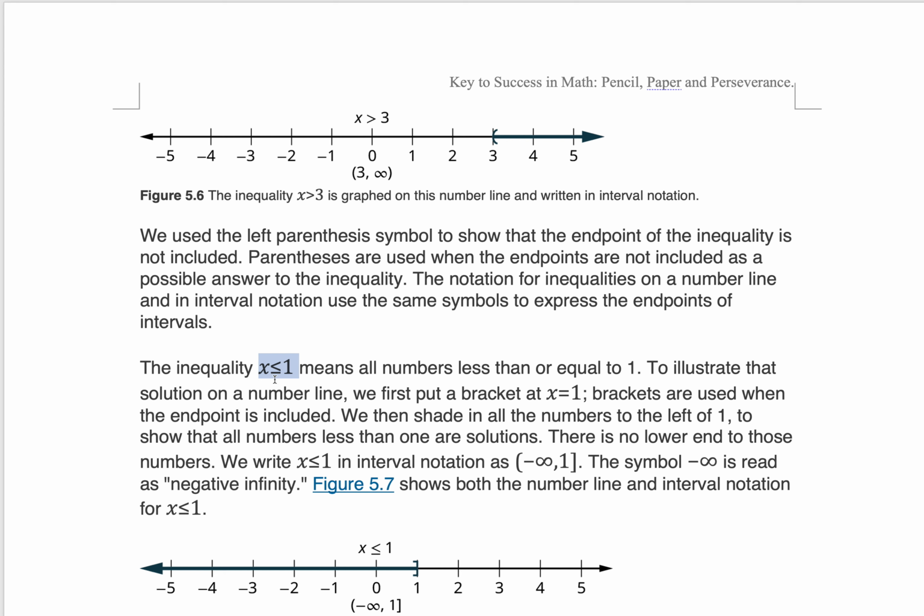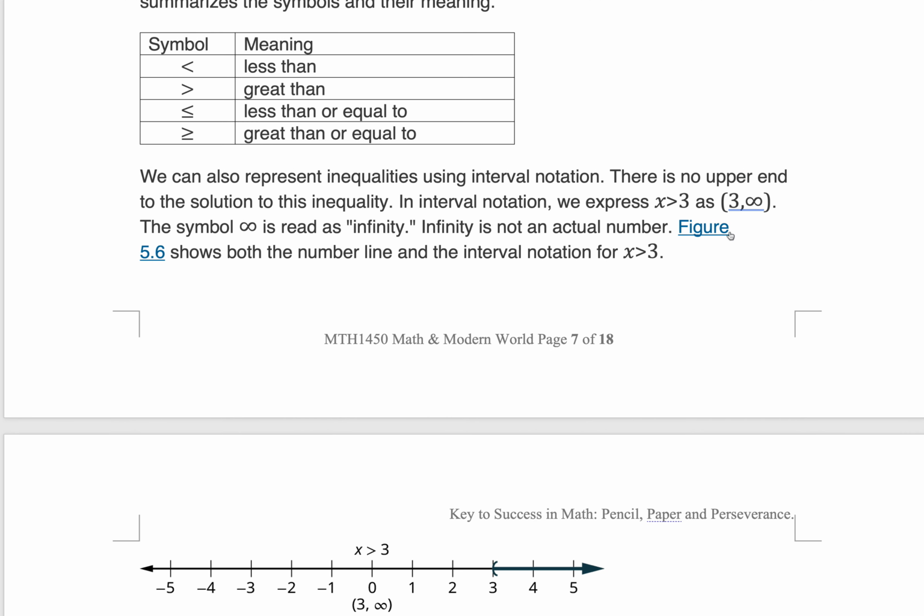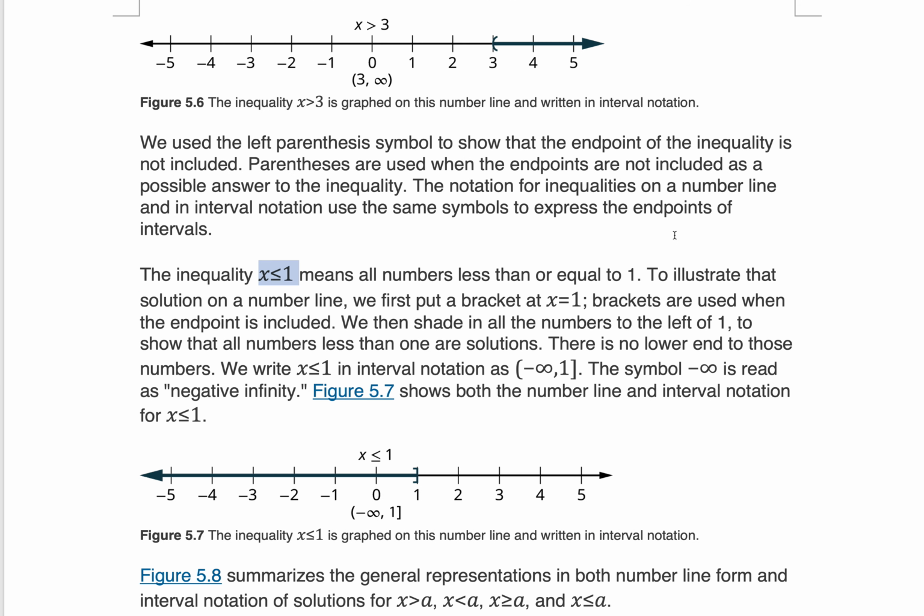We can write this inequality using the infinity notation too. This time we are talking about all numbers less than 1, and 1 is included. To indicate 1 is included, on this side we have a square bracket instead of a round parenthesis. A round parenthesis means the number itself is not included.